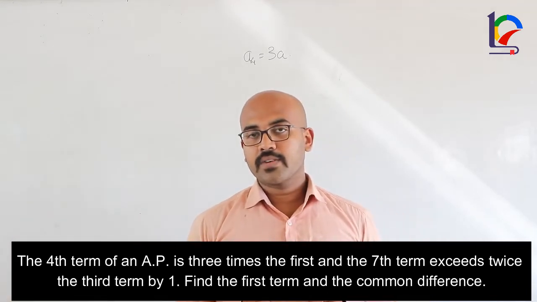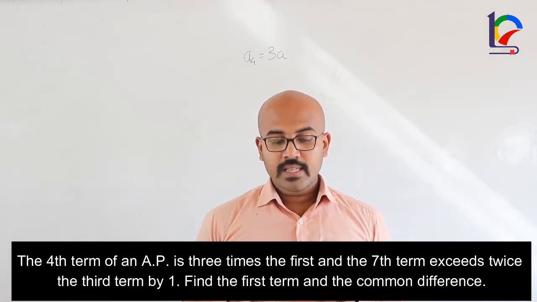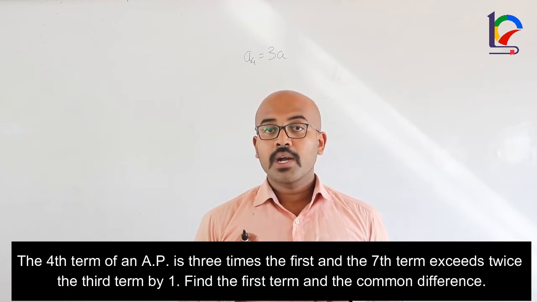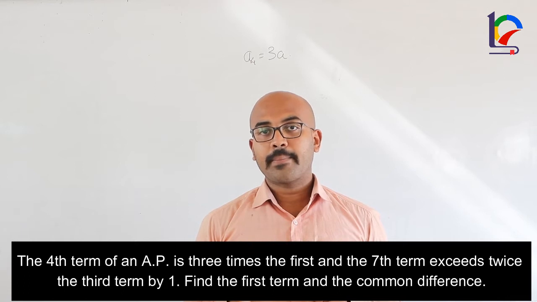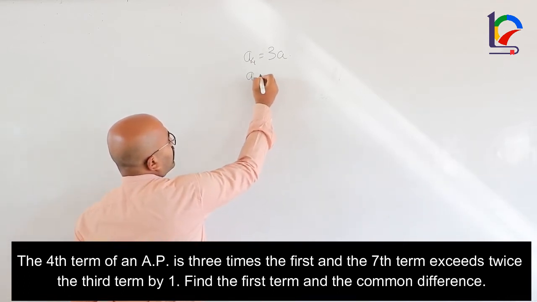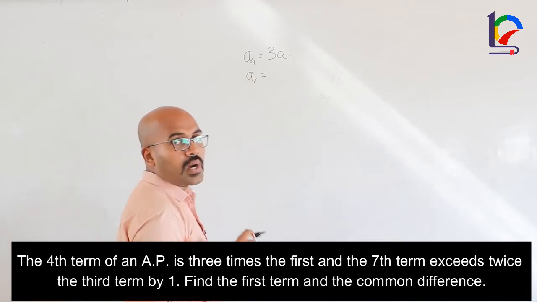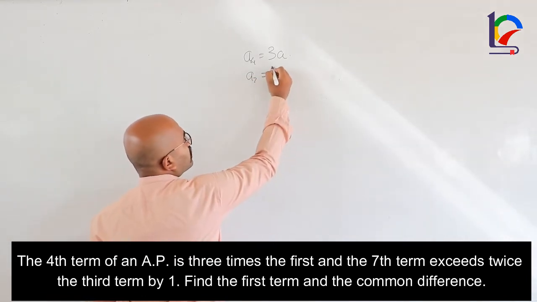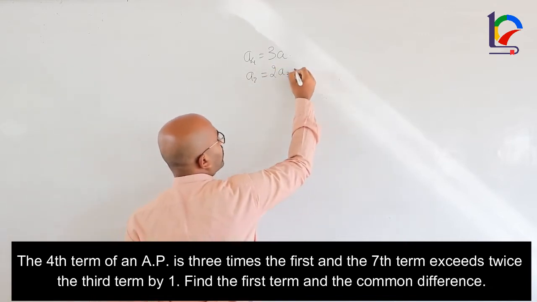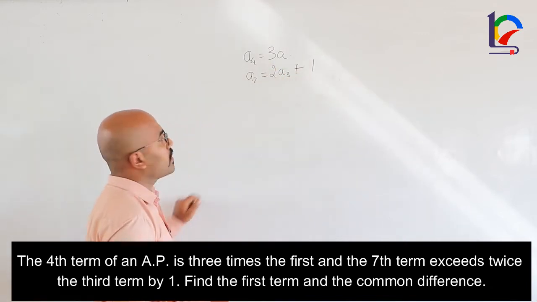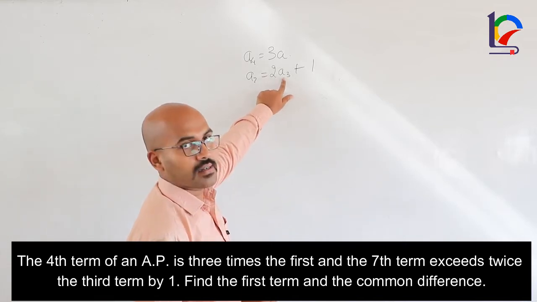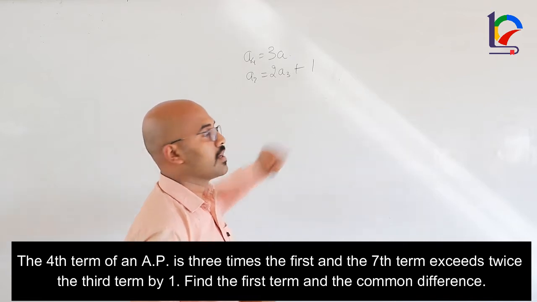The second condition they have given is that the seventh term exceeds twice the third term by 1. Twice the third term is 2a3, so the seventh term exceeds twice the third term by 1.